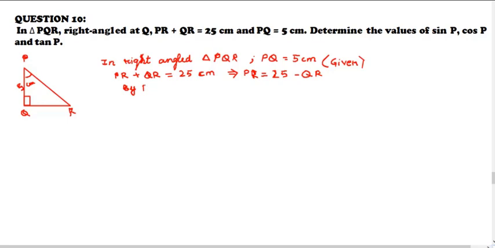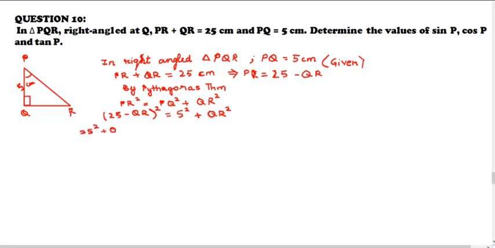By using Pythagoras theorem, PR square is equal to PQ square plus QR square. And PR square is equal to 25 minus QR, so this becomes 25 minus QR whole square, that is equal to 5 square plus QR square. So now identity will be used, A minus B whole square is equal to A square plus B square minus 2AB.